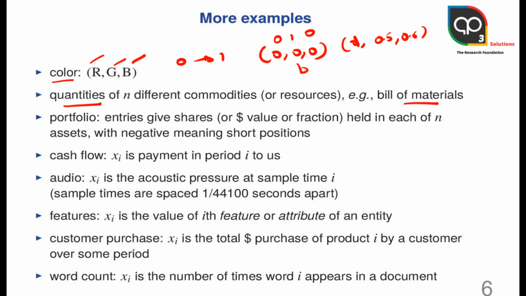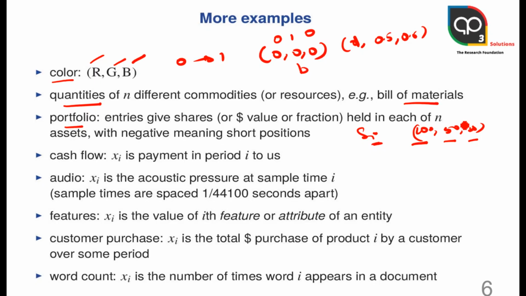Coming to portfolios, an n-vector can represent a stock portfolio or investment in different assets, with s_i giving the number of shares of asset i held. The vector 100, 50, 20 represents the portfolio consisting of 100 shares of asset 1, 50 shares of asset 2 and 20 shares of asset 3.